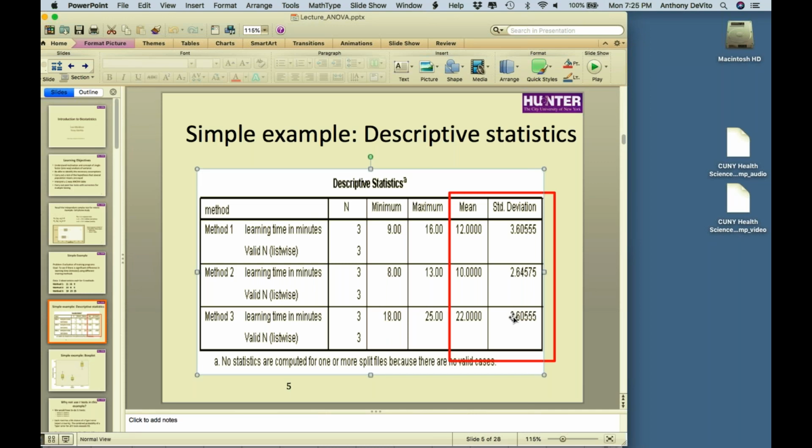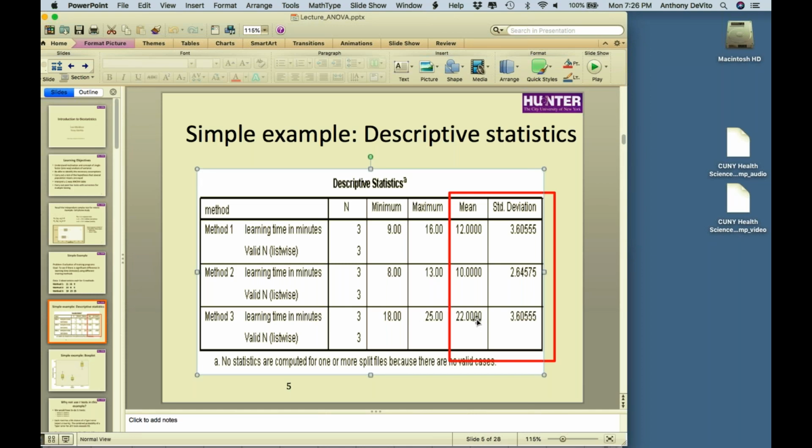You know, the variability of these three groups is not very different, right? So the variability is pretty similar. But look, the means are quite different, particularly for method 3. So I'm beginning to suspect that maybe method 3 is genuinely different: if we applied it to the entire population, we'd be able to demonstrate that the mean for the entire population using method 3 is going to be different than it is for method 1 and 2.